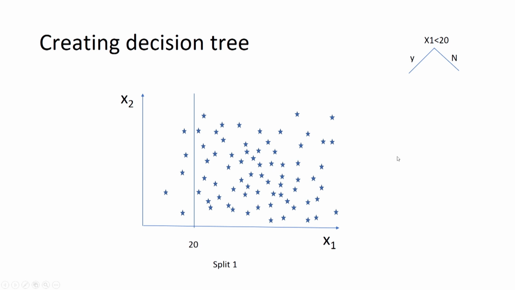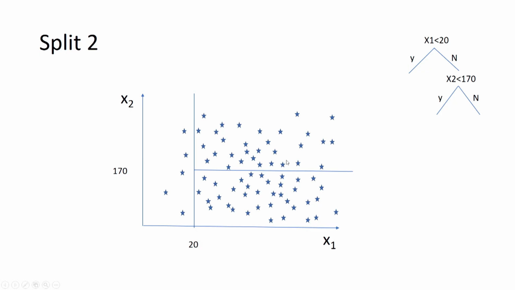Then we divided it further. This node is further divided into two parts based on the condition x2 less than 170 or greater than 170. Now one node represents one of these two parts and another node represents the other one. In this way the whole decision tree will be created, and we divided our data set into 5 parts.